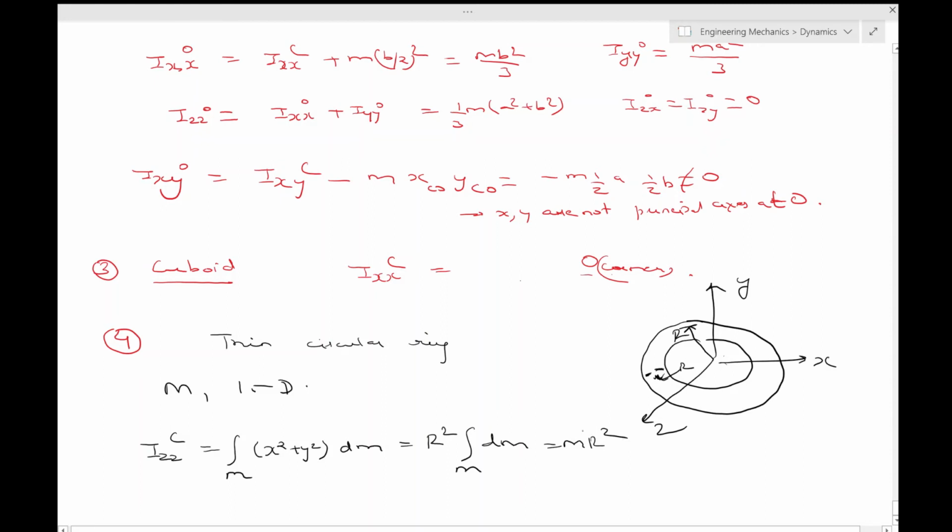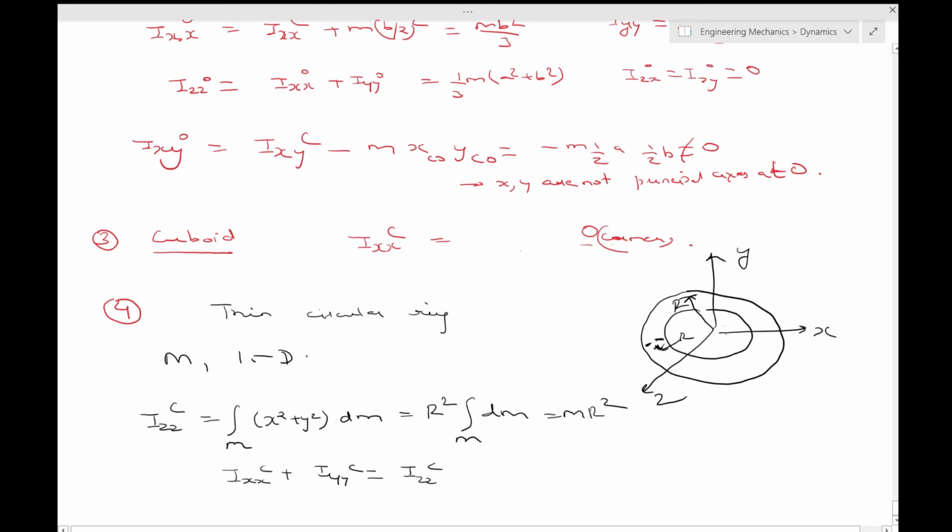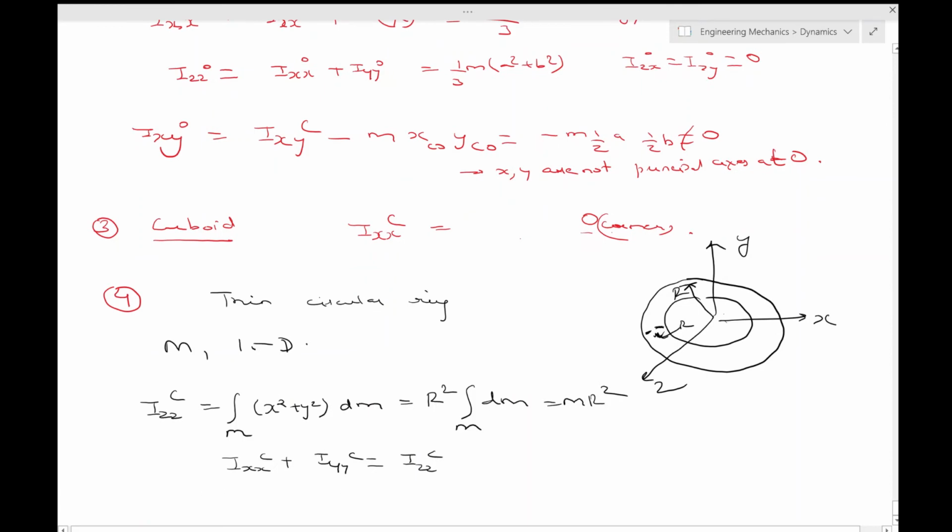Okay, and Ixx of C plus Iyy of C is equal to Izz of C. Okay. When you have few symmetries, you can also use the so-called perpendicular axis theorem, and that also makes it quite easy.